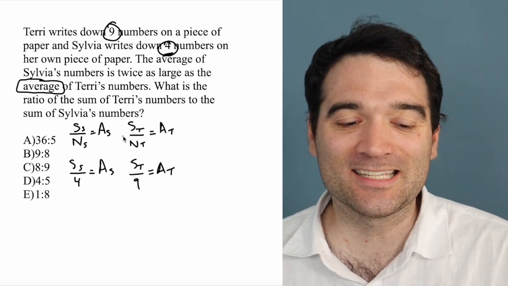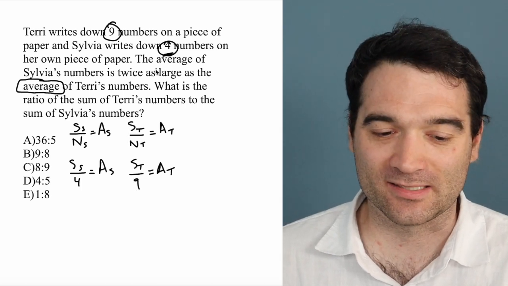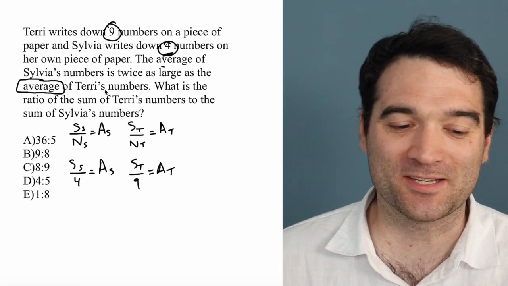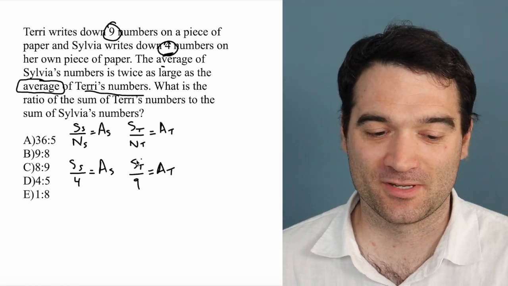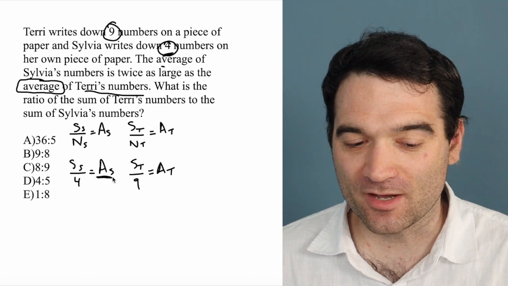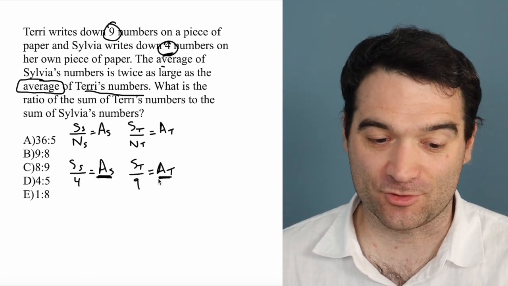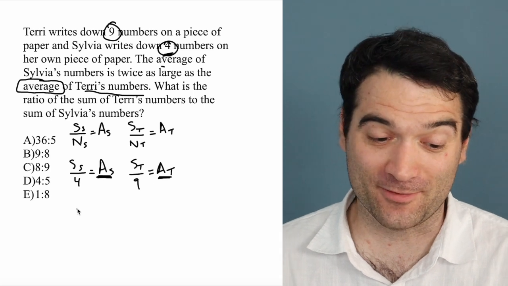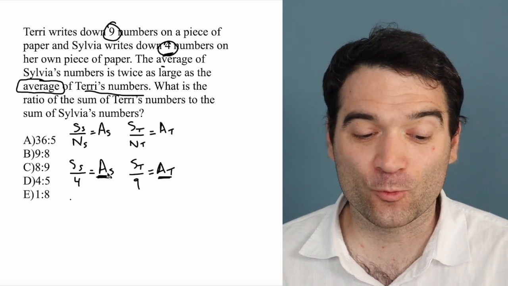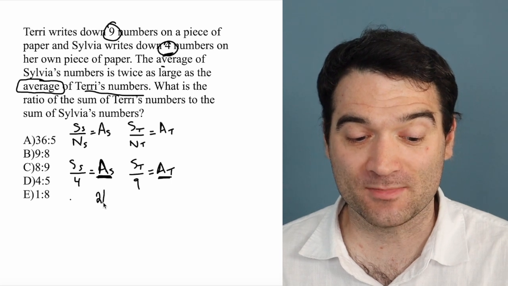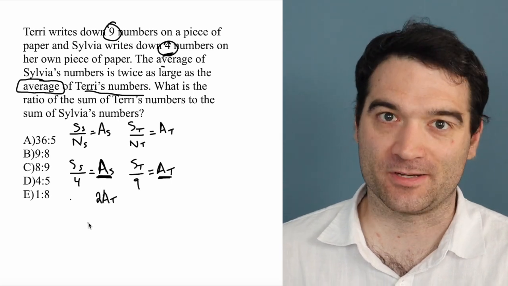Now, the last little piece that we need is a little bit of substitution here. We're told that the average of Sylvia's numbers is twice as large as the average of Terry's numbers. So here's what I'm going to do. I'm going to rewrite the average of Sylvia's numbers as 2 times the average of Terry's numbers.